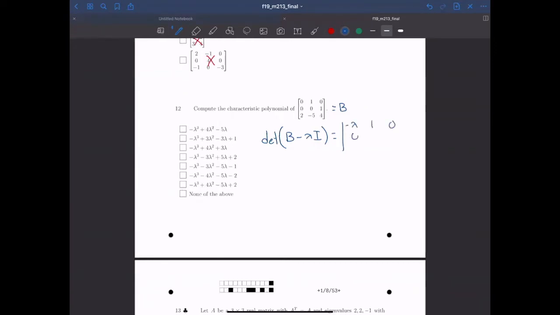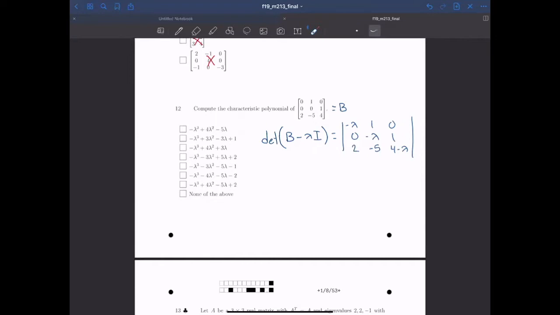Hopefully we were kind last semester and gave us a nice one that's going to work out nicely. Any preferences on how we do this? The vertical down the left column would be easiest. Yeah, we could do that along the left column. I actually see a row operation in mind that would make our lives even easier. Does anyone see it?